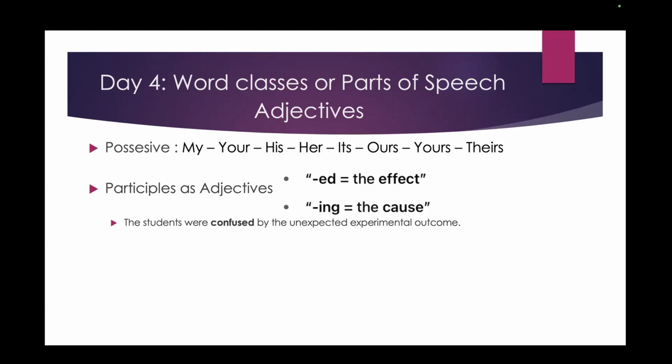So we add this -ed at the end, or we use a word with an -ed ending. Another example: the participants felt tired after completing the cognitive tests. So this is an adjective referring to how the participants felt, describing a feeling, an emotion, and that's why we use -ed at the end: tired.